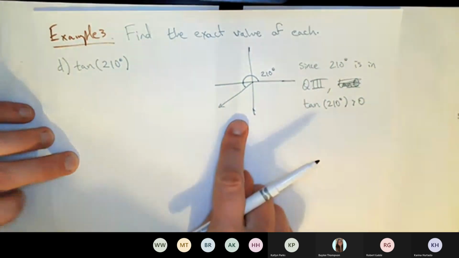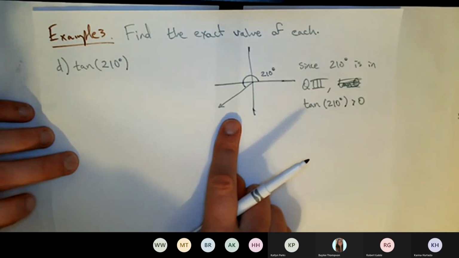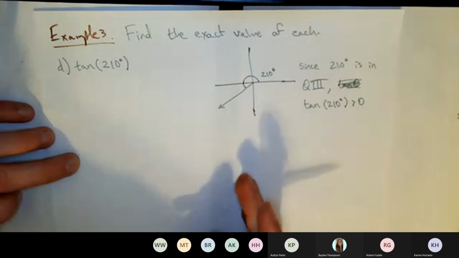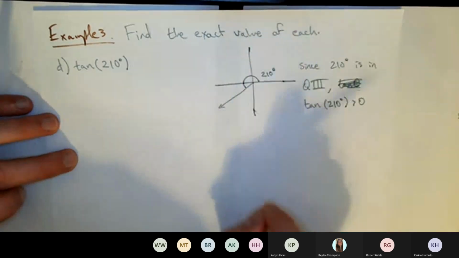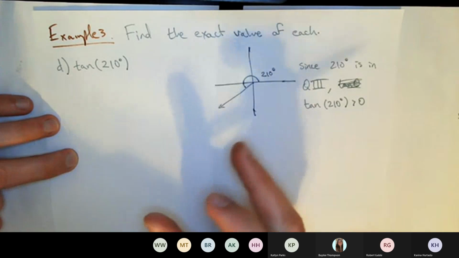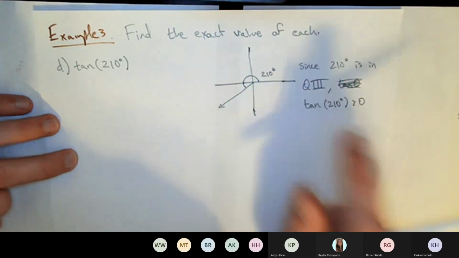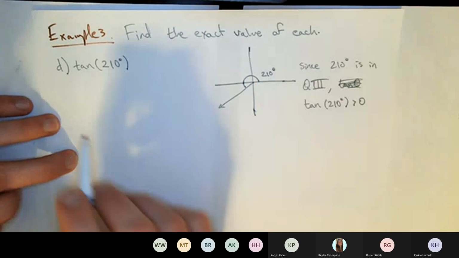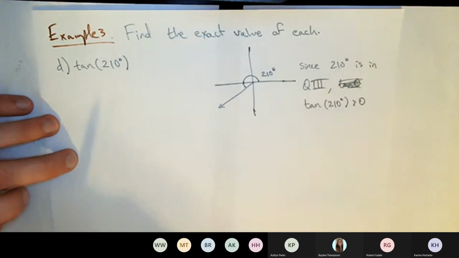Because we know tangent is positive in the third quadrant because tangent is the ratio of y over x, right? And if y and x are both negative down here, then y over x, the negatives cancel and we end up with a positive. All that just to say that whatever answer we get here should be positive.